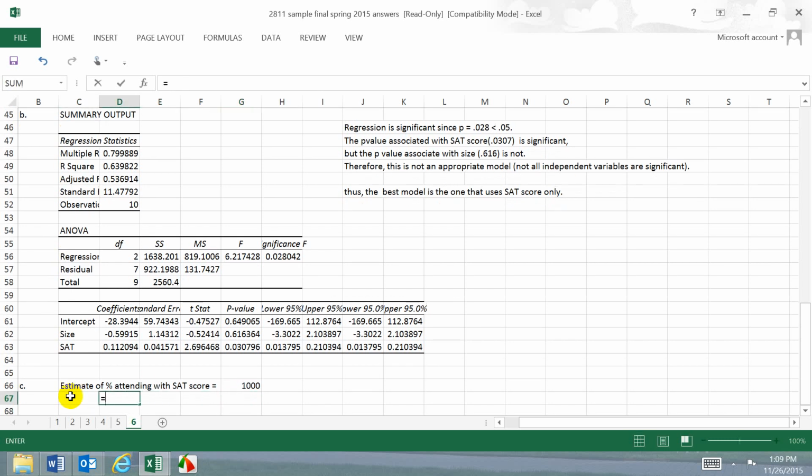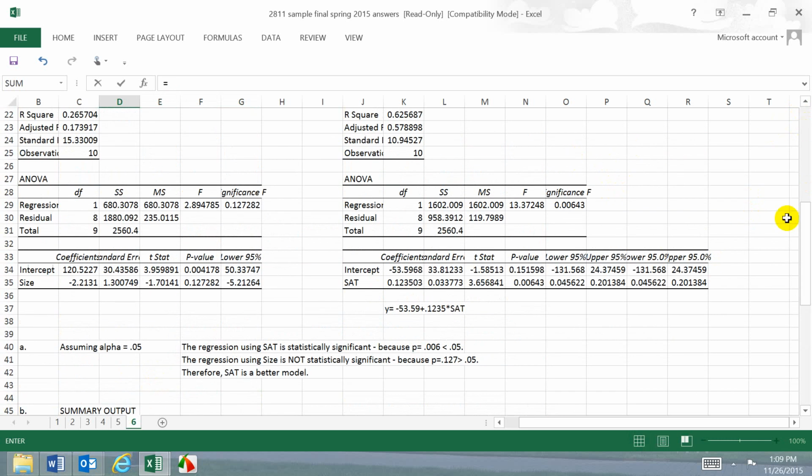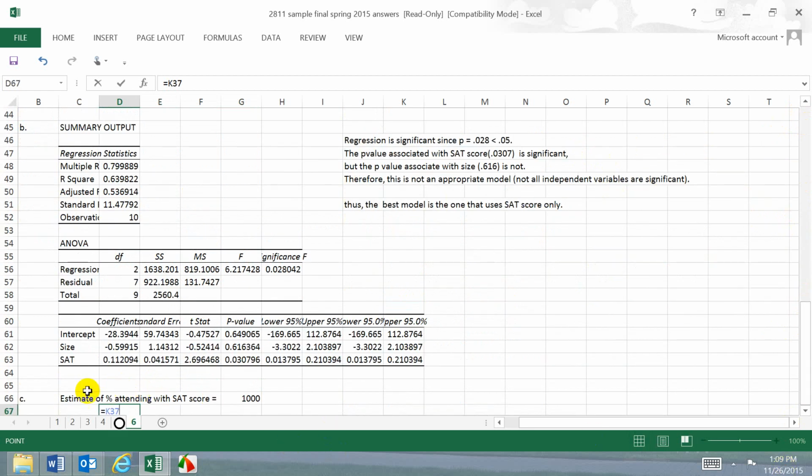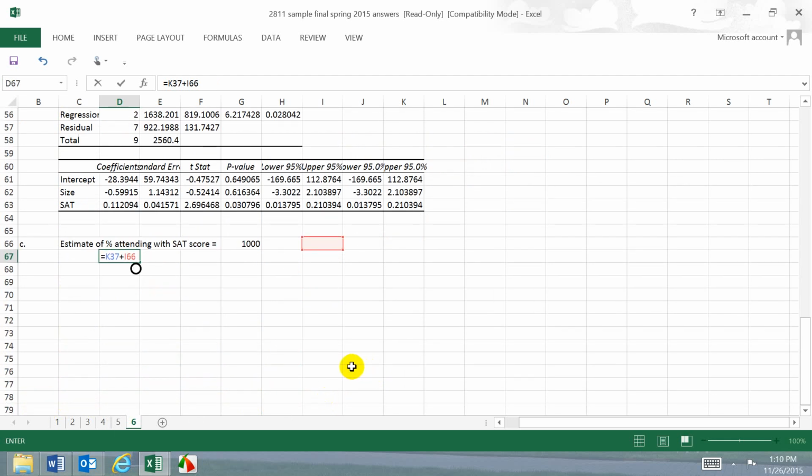is equal to, we're going to plug it into that formula. So let's get this formula back. What was the formula? Here's the formula.